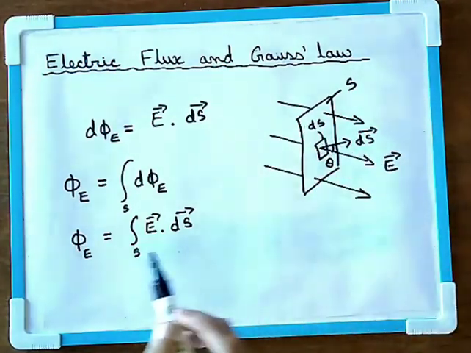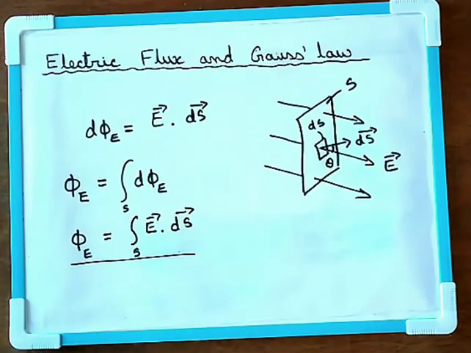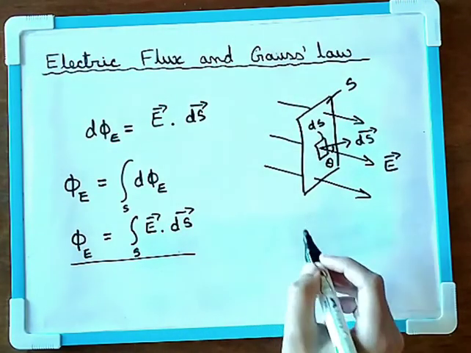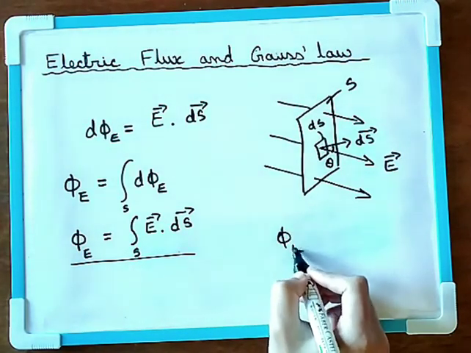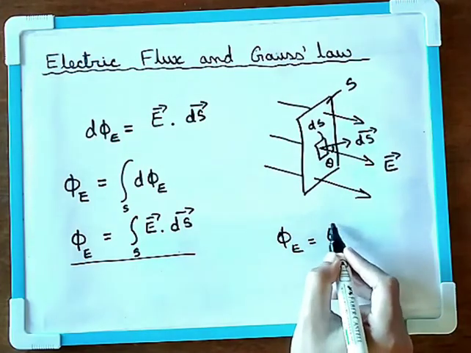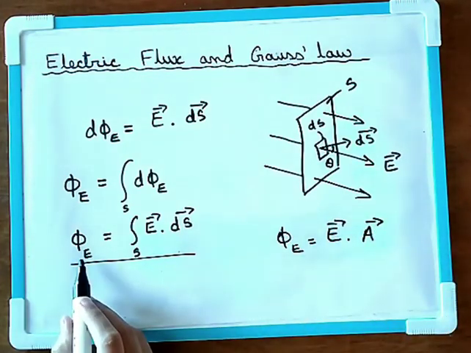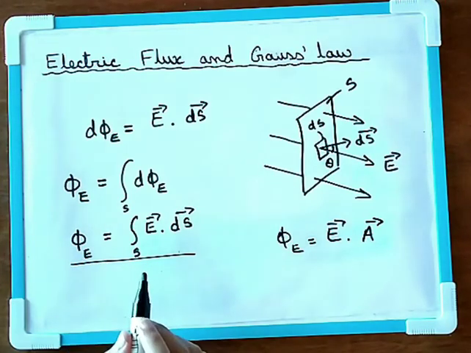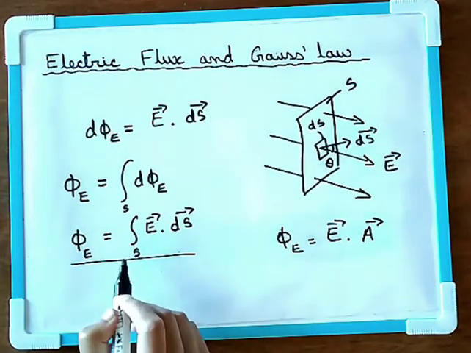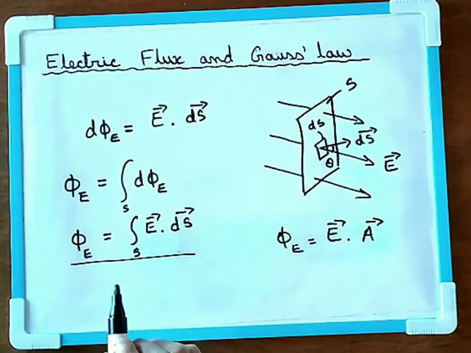So this is another expression for your electric flux. One expression is simply E dot A. Another expression is phi E equal to the integration over the surface of E dot dS.